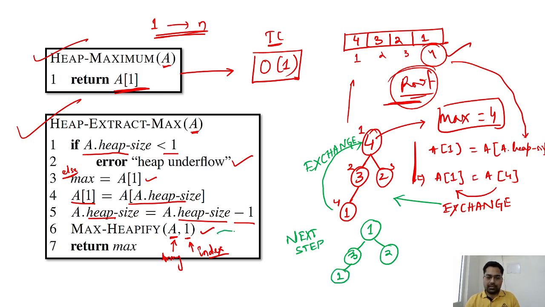As per this maxify, we will do the maxify, but as per this line, we have to remove it. It means heap size equals heap size minus 1. It was previously 4, and that 4 will be converted to 3 now. 3 means 1, 2, 3 only. So that is the deletion condition.